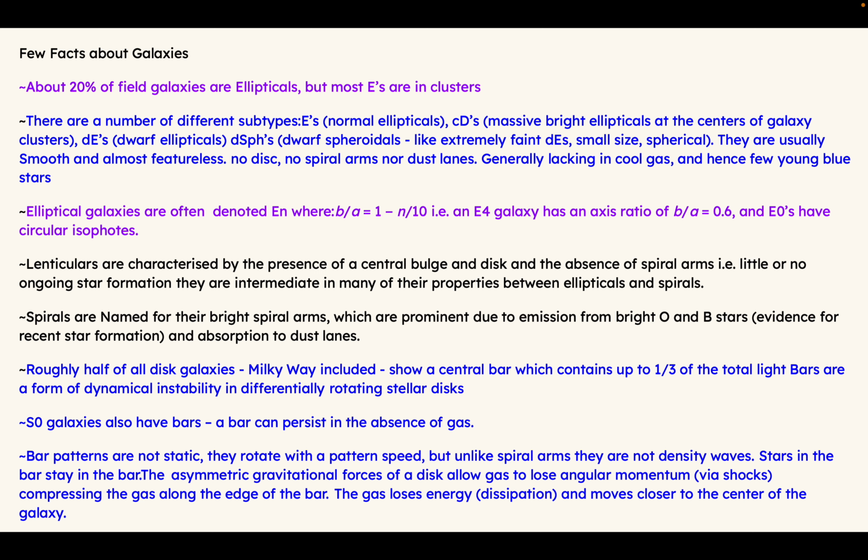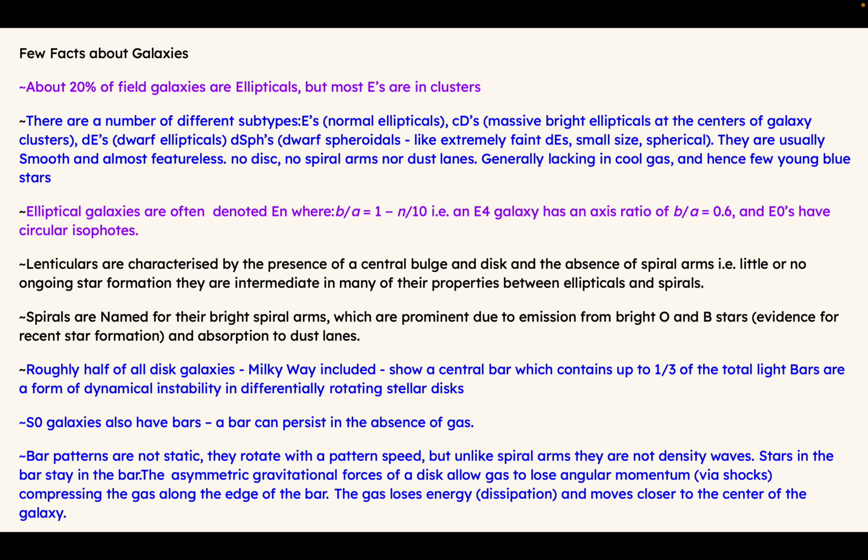There are a number of subtypes of elliptical galaxies, such as the normal E-type galaxy, the cD-type galaxy, the massive bright ellipticals at the center of galaxy clusters, the dE-type elliptical galaxy, that is the dwarf elliptical galaxy, and the dSph-type elliptical galaxy, that is the dwarf spheroidal type of elliptical galaxy.